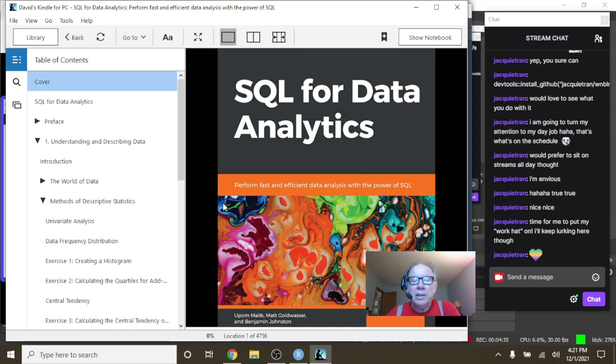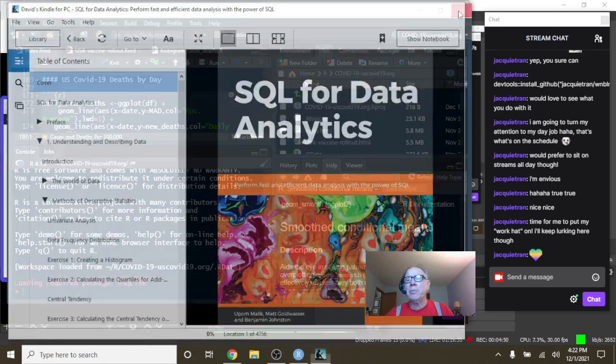This book involves SQL. It also uses Python and Excel and stuff like that, but it's mainly about the power of SQL. So that's the second thing I'm going to be starting a little bit.